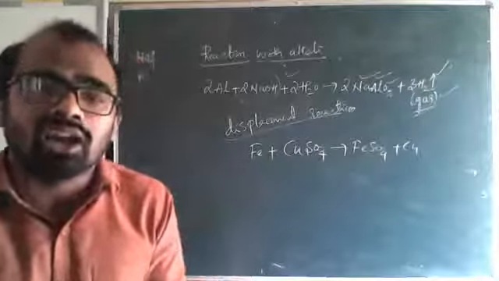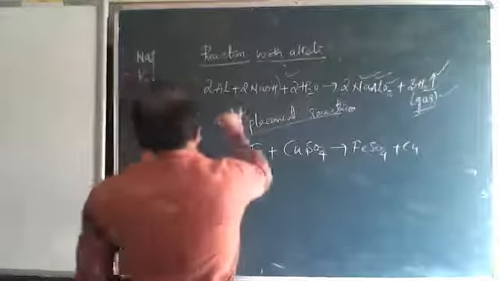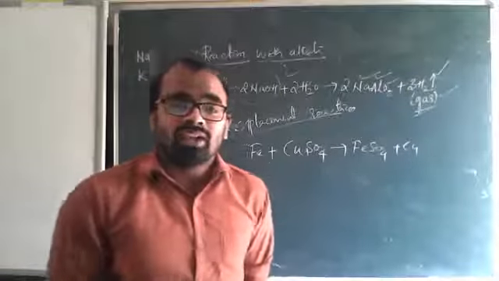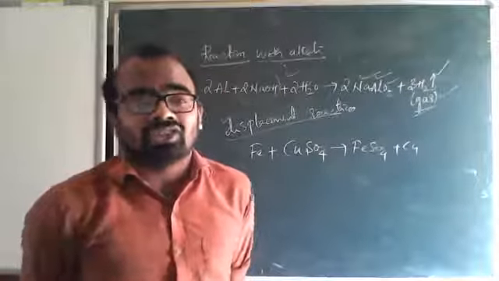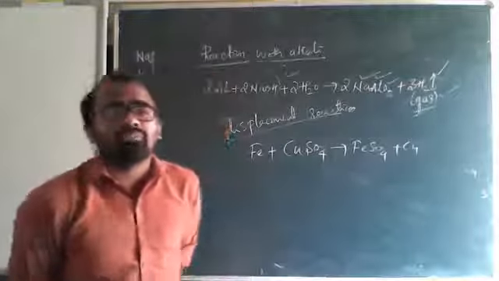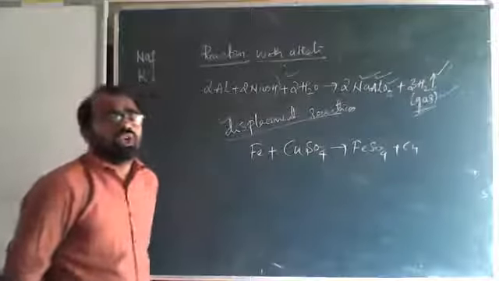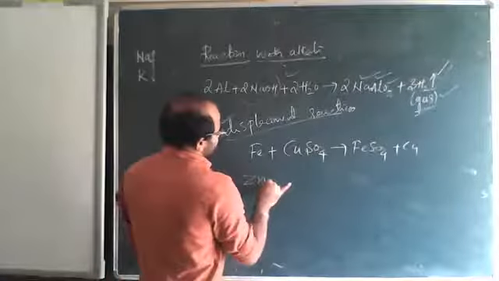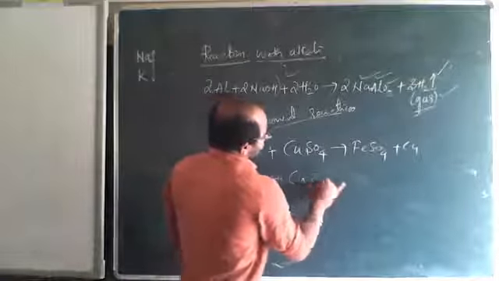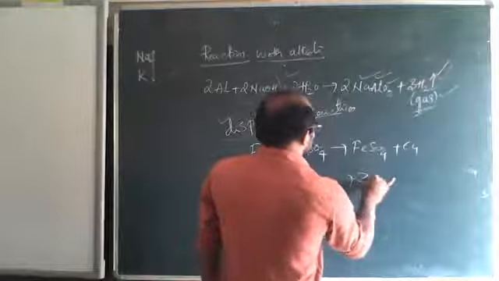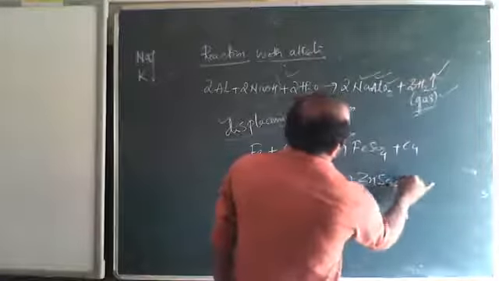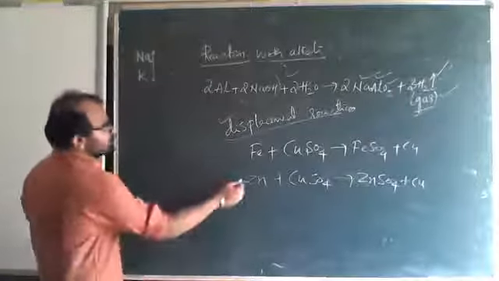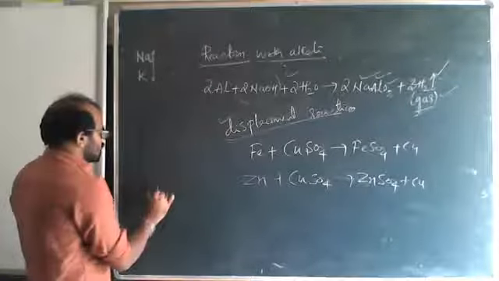Okay, so this is, we can say, reaction with alkali. Now we'll see displacement reaction. That is Fe plus CuSO4 is equal to FeSO4 plus Cu, or you can also write Zn plus CuSO4 is equal to ZnSO4 plus Cu. These two are displacement reactions. What is a displacement reaction?